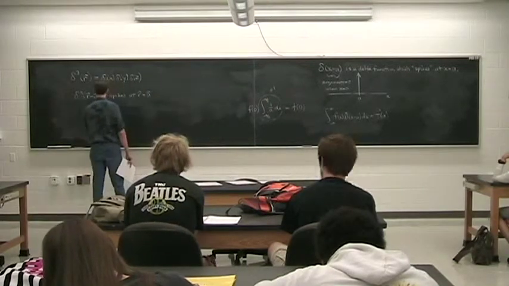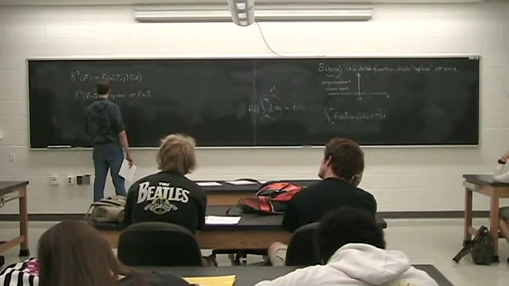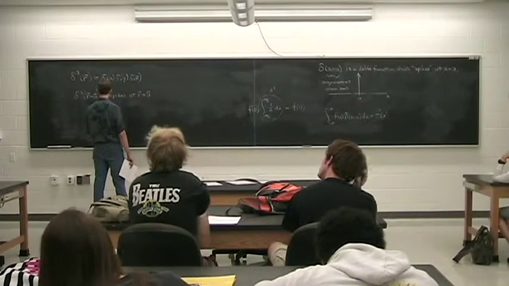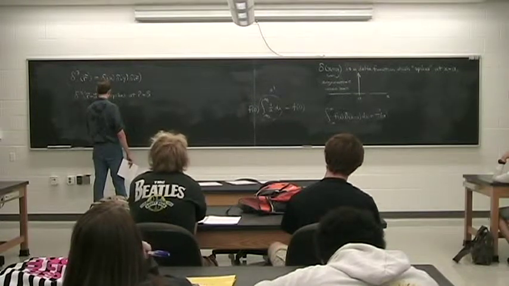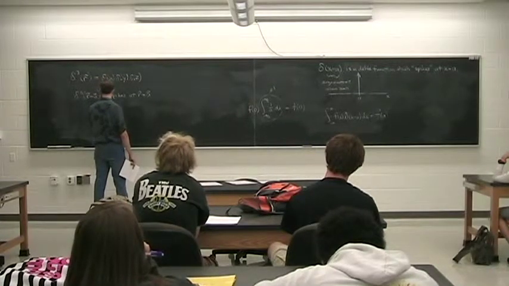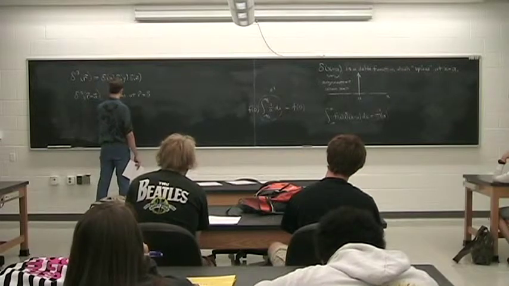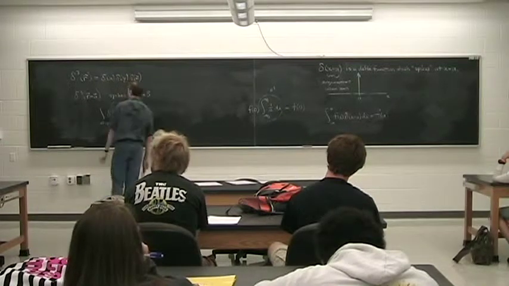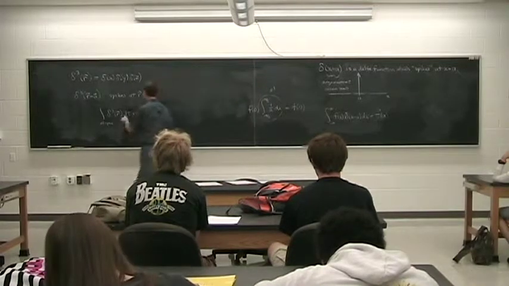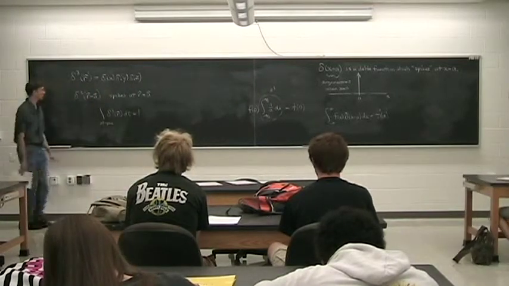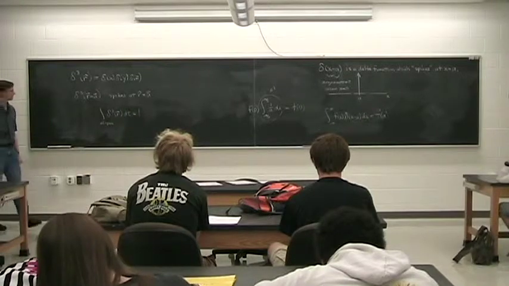And just like our one-dimensional Dirac delta function, if we integrate over all space, that gives us 1. And it doesn't matter if you shift the argument and make it r minus a, that also gives you 1.